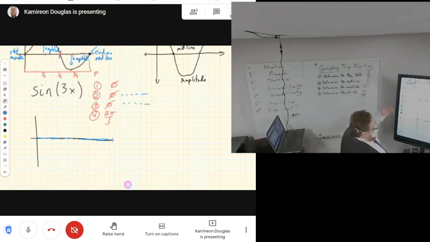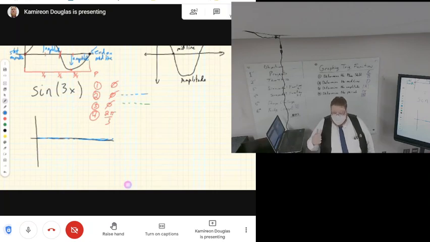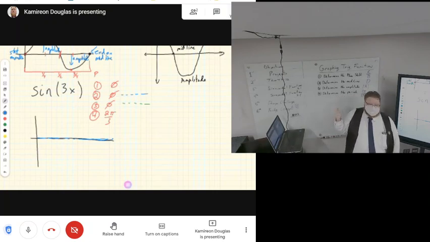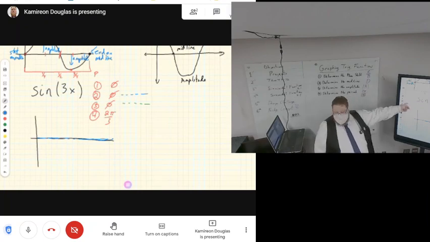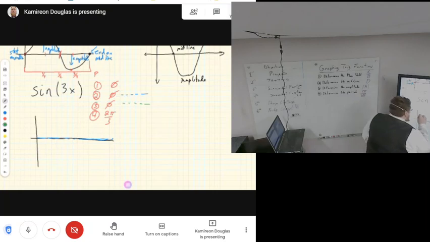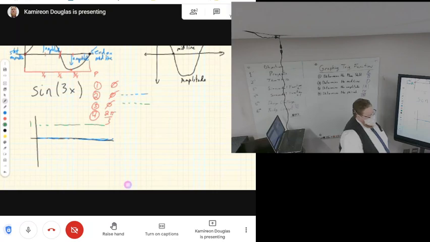Now, where's the top of this function going to be? It's going to be at the amplitude. The amplitude in this case is 1. It's the maximum height. It's a number that's out front of the function. So in this case, the number out front, there is a single sign here, so the top value is a 1. So up here, there's the top of it's going to be.